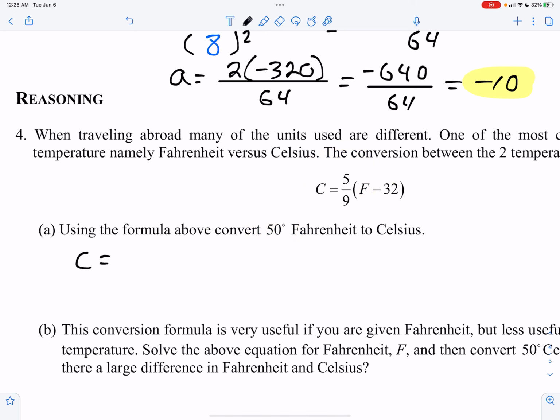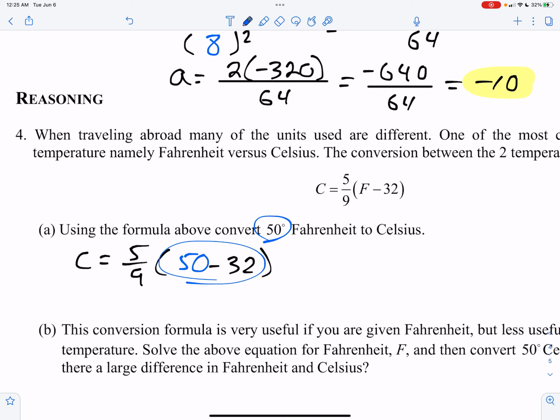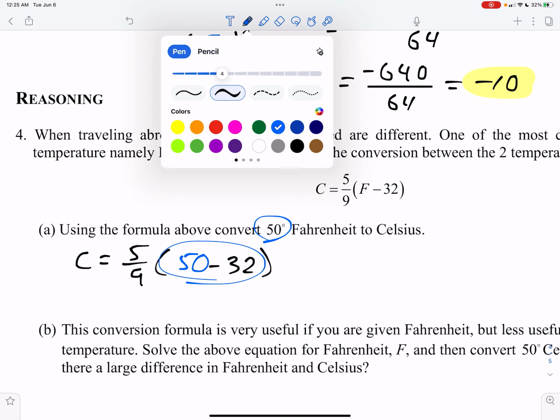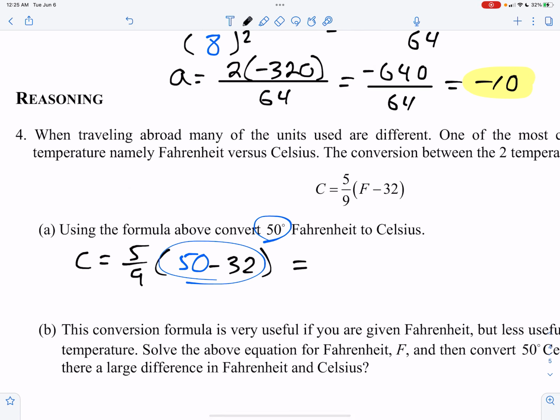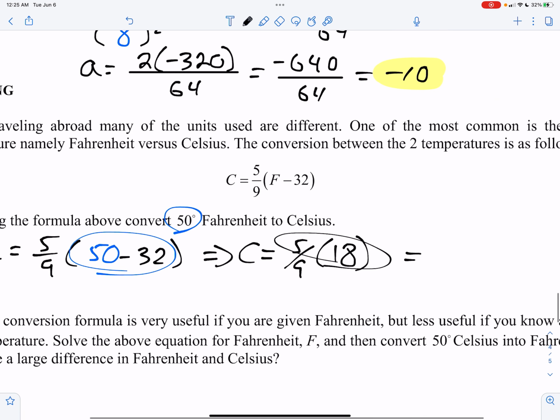So Celsius equals 5/9, and I'm going to plug in 50. So let's go 50 minus 32 first, and 50 minus 32 is 18. Then you're going to multiply that times 5 and then divide that by 9. And we get an answer of 10 degrees Celsius.